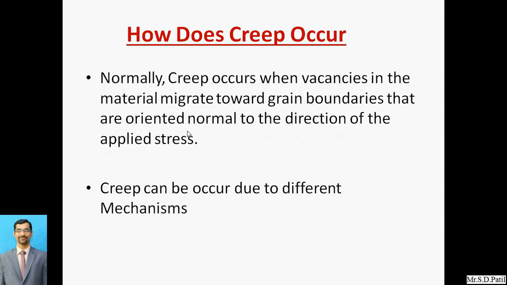Now, how does creep occur? Basically, creep occurs when the vacancies in the material migrate towards the grain boundaries that are oriented normal to the direction of the applied stress. When we have a very high temperature, vacancies are created in the material because it starts to deform well below the melting point.